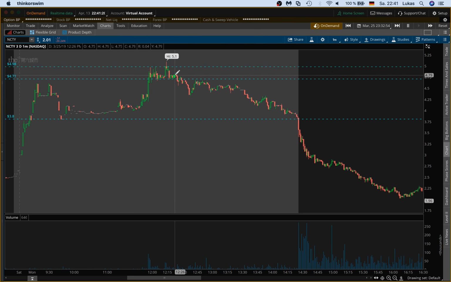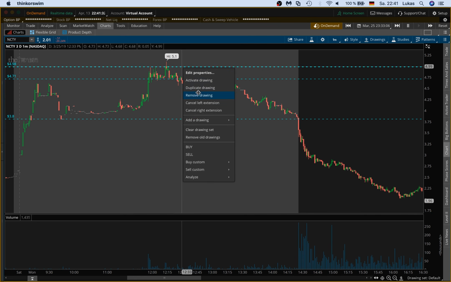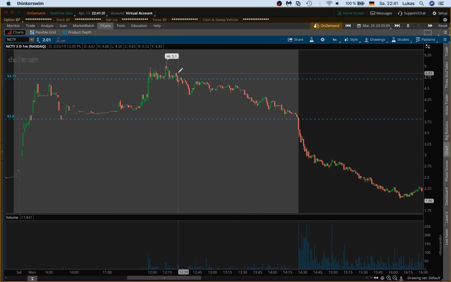So right here, $5. It pushes down, all right, has a pullback back to the previous support, which is now resistance. So I'm going to be adding there. And my stop is going to move from 5.1 to 5 to 4.8, all right?